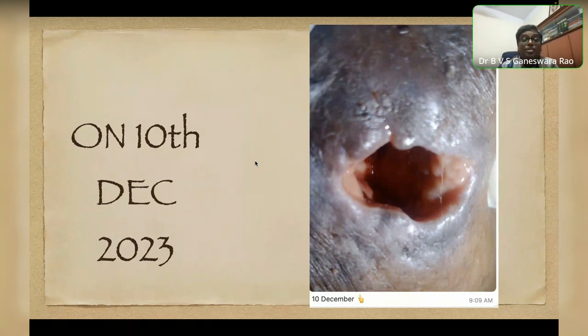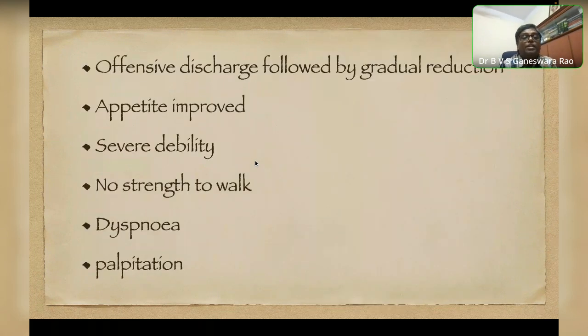But you have to be very patient in these cases, especially in these one-sided disease cases. Now, the offensive discharges were followed by a gradual reduction of the size, and gradually the appetite improved, but there was severe irritability. There was no strength to walk, she was completely worn out.